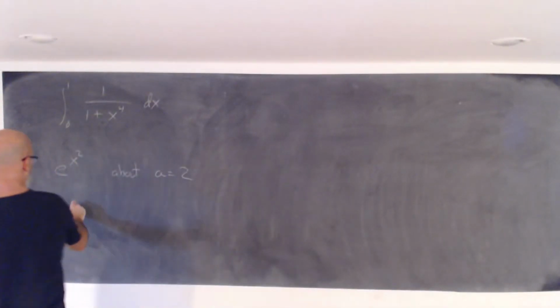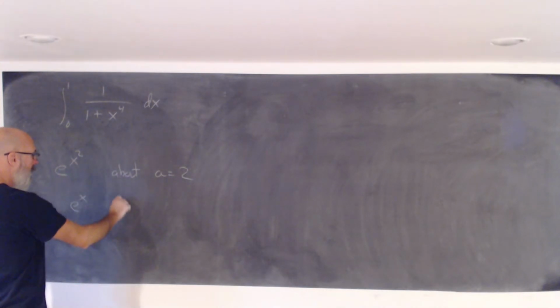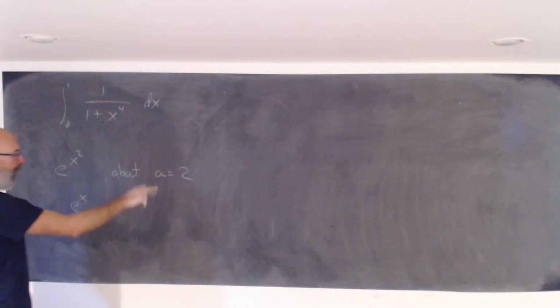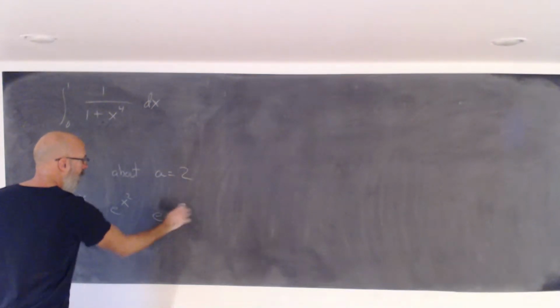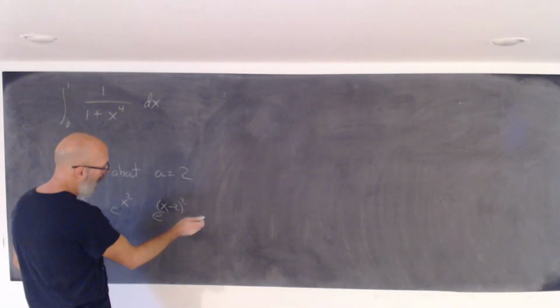I mean, you can start by finding the Maclaurin series for e to the x. You know that it converges for all values of x. Then replace x with x squared. And then replace x with x minus 2. But then, well, I mean, yeah.